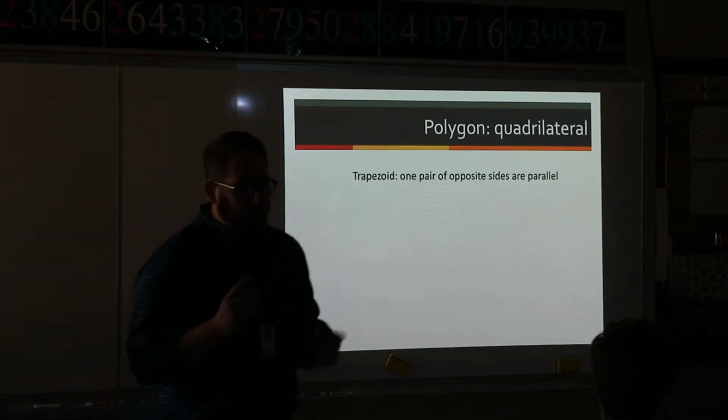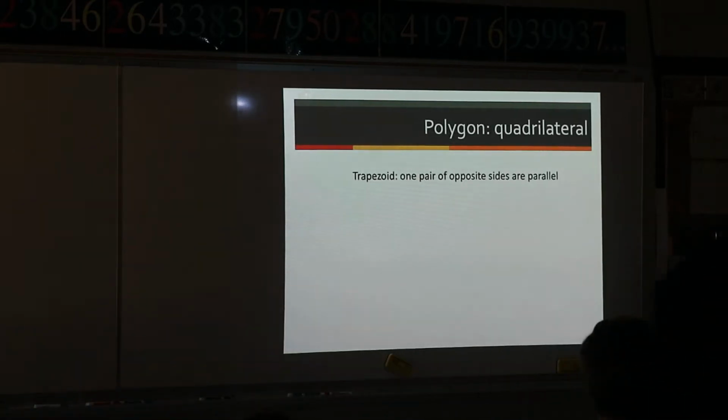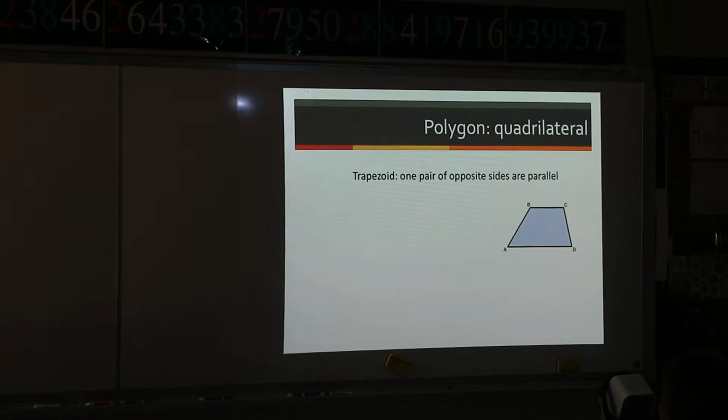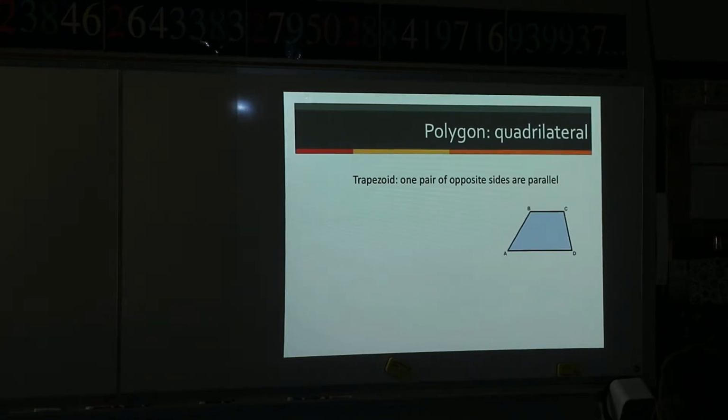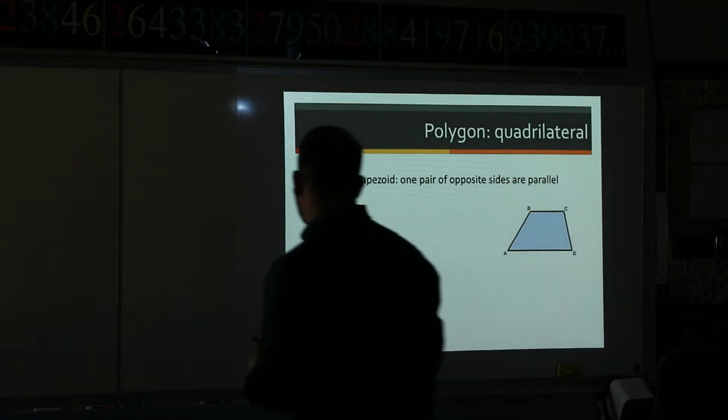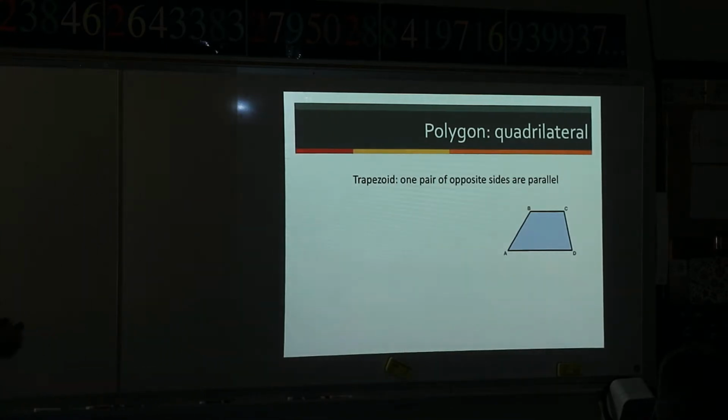The definition of a trapezoid is that one pair of sides are parallel. One pair, so here's that generic looking skateboard ramp. Okay, one pair of sides are parallel, top and bottom. There is a subcategory to a trapezoid. The special case is called an isosceles trapezoid.